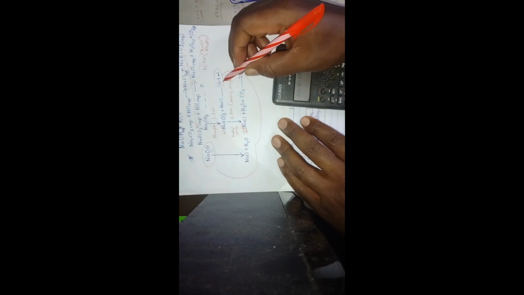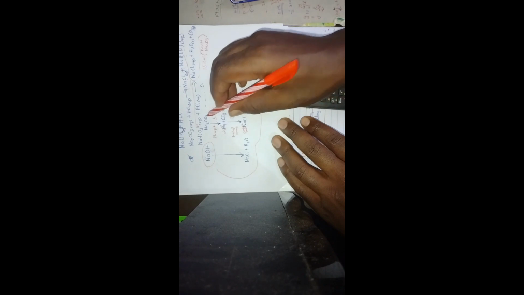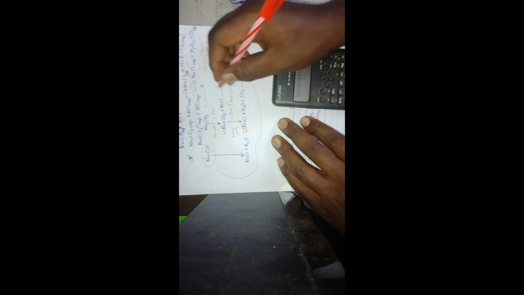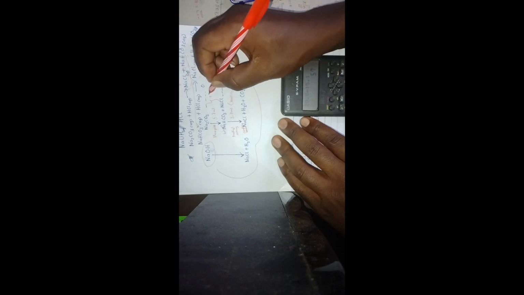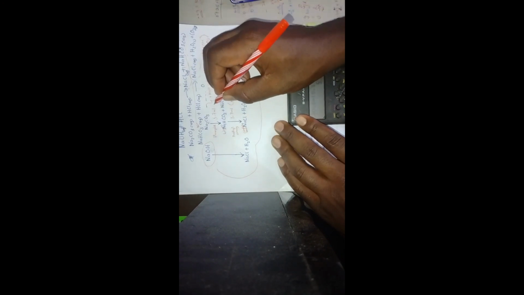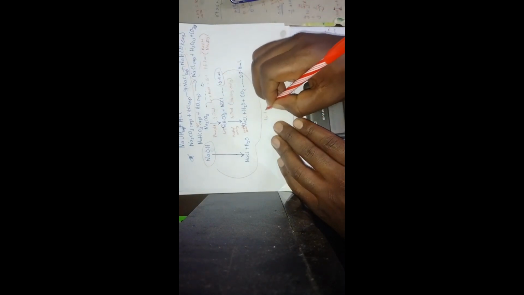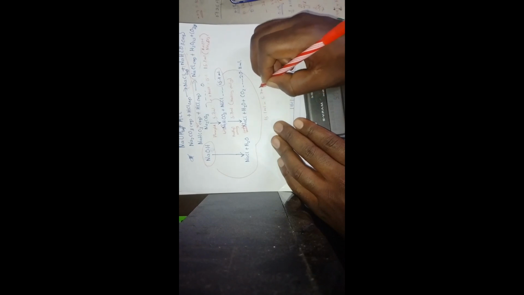But from here to here, that is the halfway reaction plus sodium hydroxide, you'll get 15.1. So if we want the amount of sodium hydroxide that was used, we take 15.1 ml minus 5.7 ml.